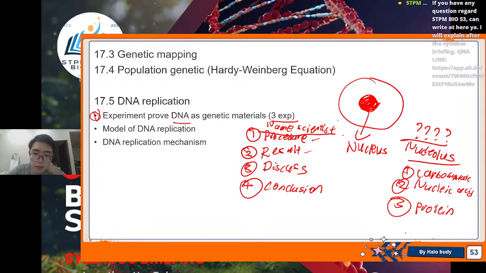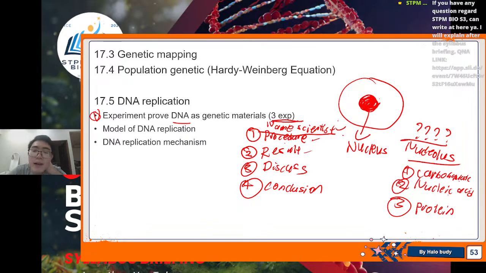Because there are 3 types of experiment, and not only that, in further topics we have another 2 experiments. So there are a total of 5 experiments you have to learn in this chapter. So if you don't know the scientist's name, you don't know what type of experiment that the examiner wants for that question. So we have to know. Firstly, this is the most important.